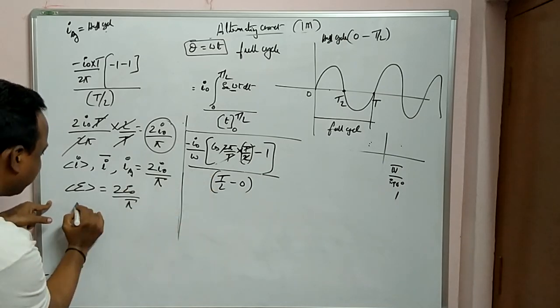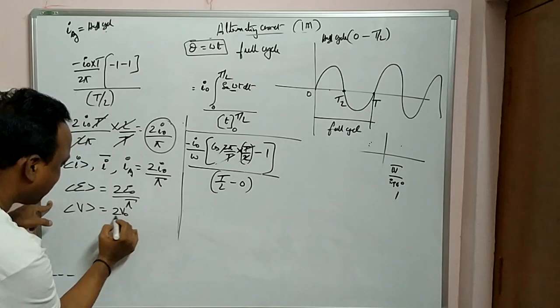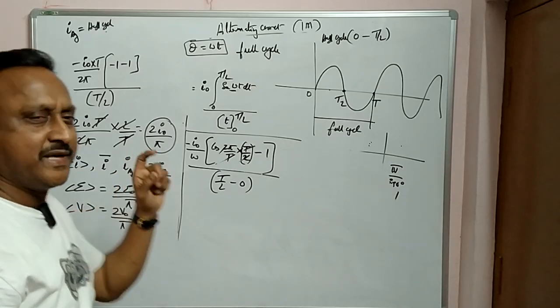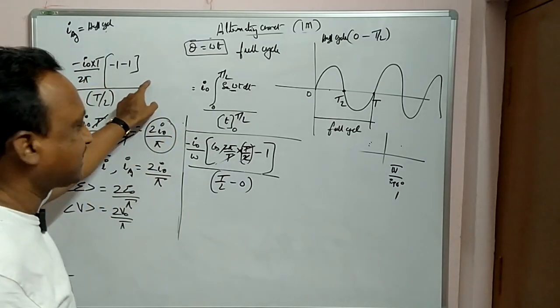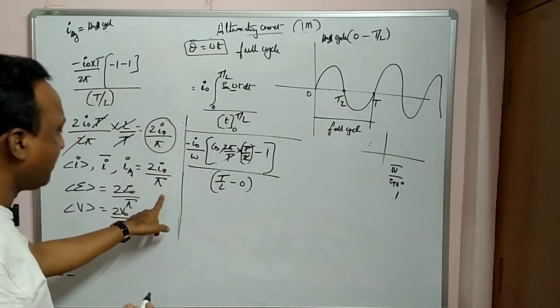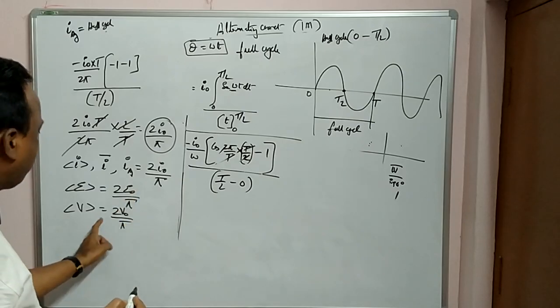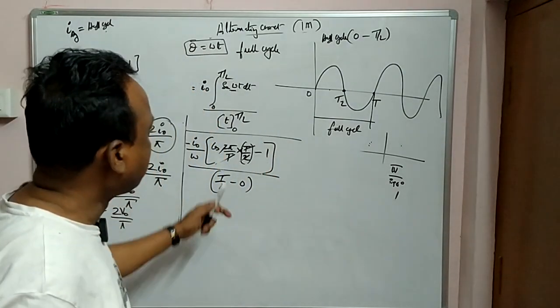If you want voltage, V average for half cycle is 2V0 by pi. So please remember these values, very important for bit questions. The average current for full cycle is 0, and half cycle values are 2I0 by pi, 2E0 by pi, 2V0 by pi. Clear? Right. So please note down.